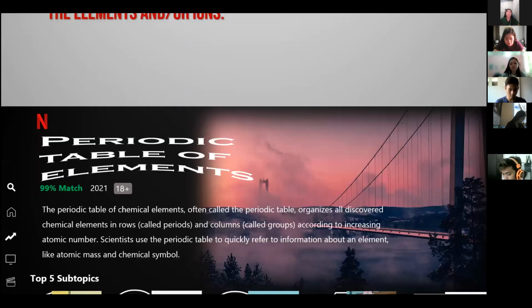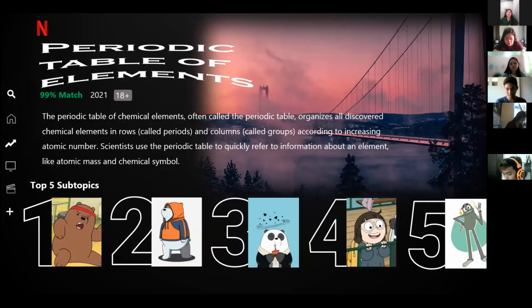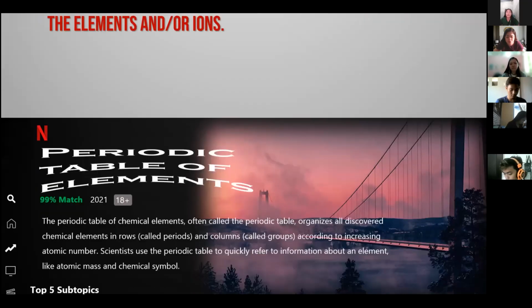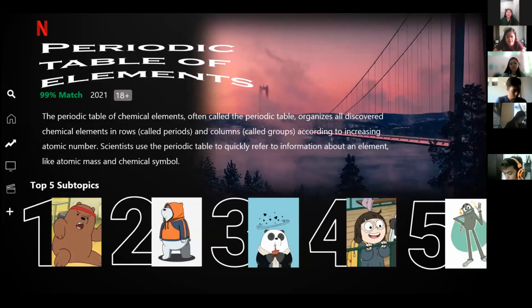Starting, we will be discussing the periodic table of elements. The periodic table of chemical elements, often called the periodic table, organizes all discovered chemical elements in rows that we call periods, and columns that we call groups, according to increasing atomic number.